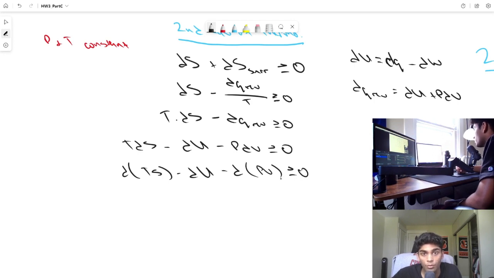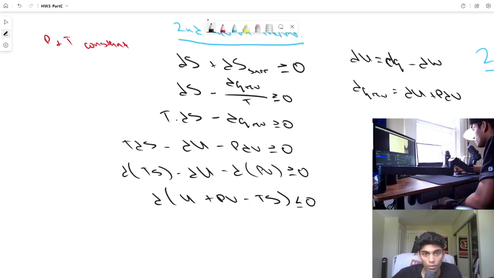And we're going to negate each side, that's just multiplying by -1, and we're going to switch the sign here. So let's put all this under one differential: d of U plus PV minus TS is less than or equal to 0, because we multiplied each side by -1.